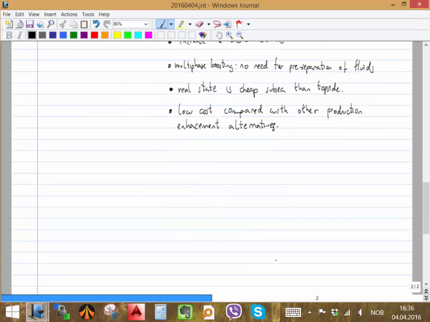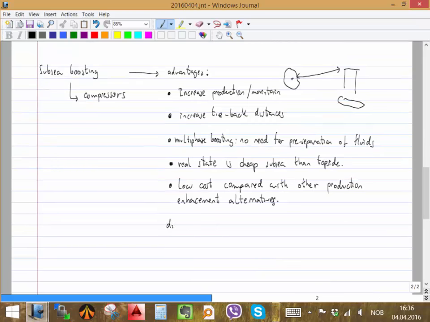Of course, we also have some disadvantages. Mainly it is the cost of the unit, the cost of deployment, and also the cost of modification of my existing facilities or existing production system.